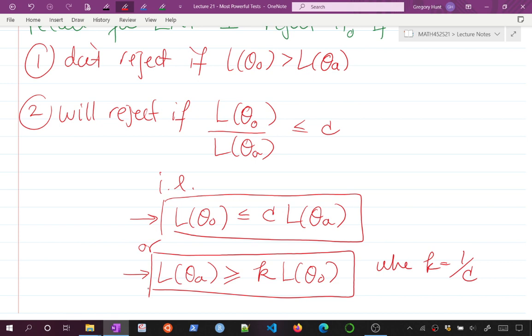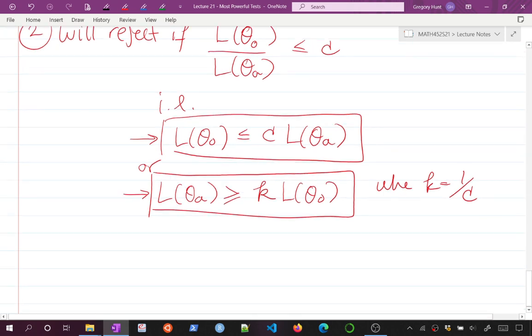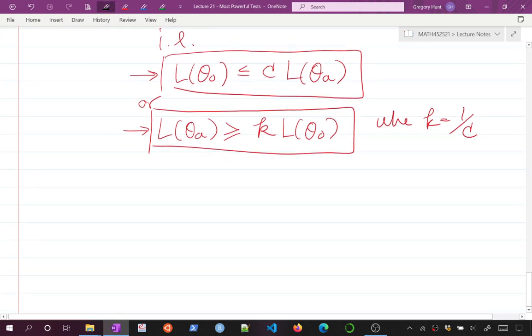Okay. So what's the punchline here? I'll give you the punchline up front. Why am I talking about simple hypotheses? It's because there's a really nice theorem for simple hypotheses.